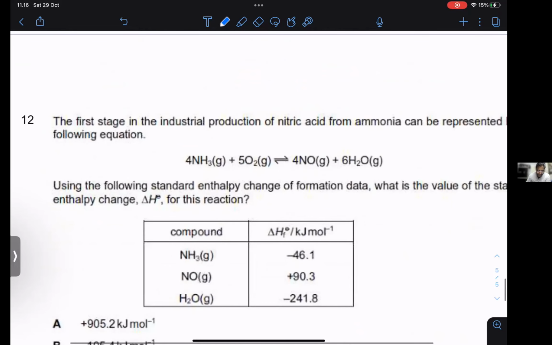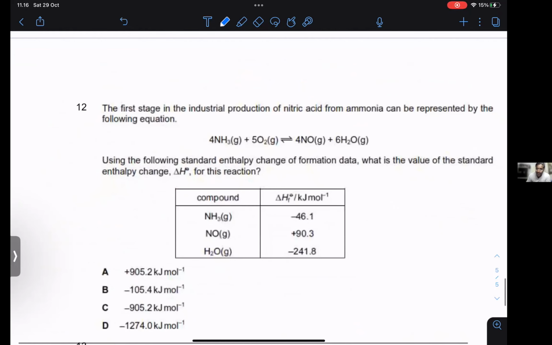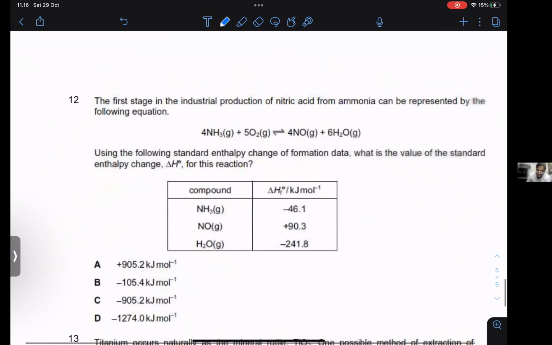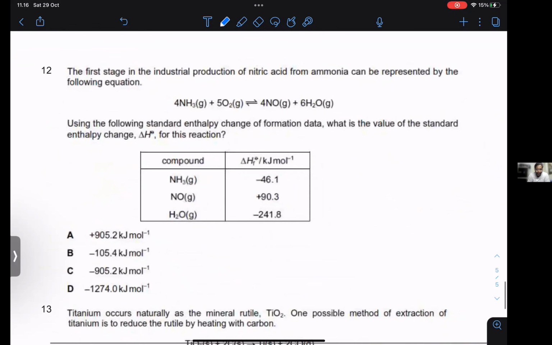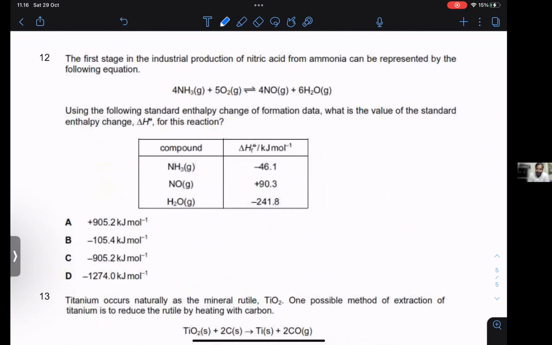Question number 12. The first stage of this production, use the following standard enthalpy change of formation. So many formations are given. Wilson, please take note: if many formations are given, the best method to use is my method. It will save a lot of your time.